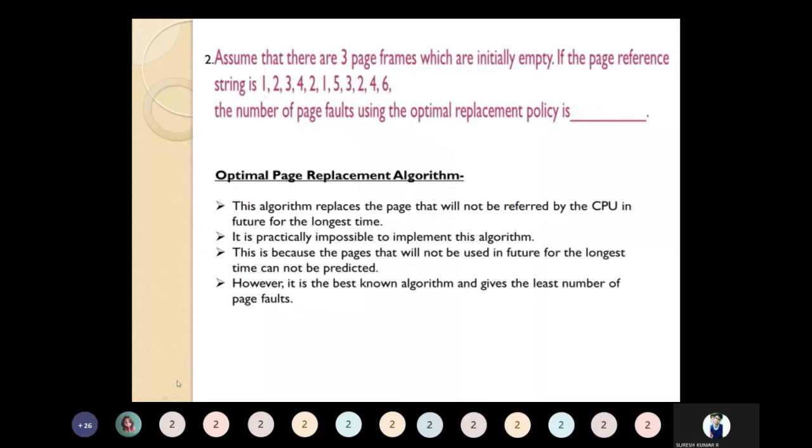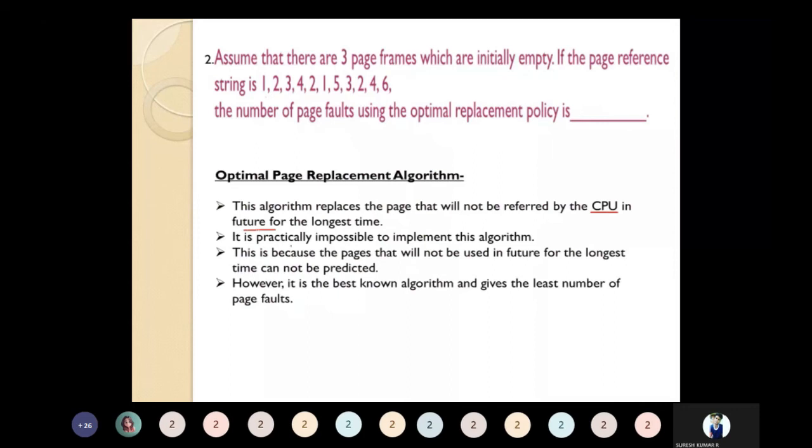So it predicts the future: the pages that will not come for the longest time are the ones we replace.